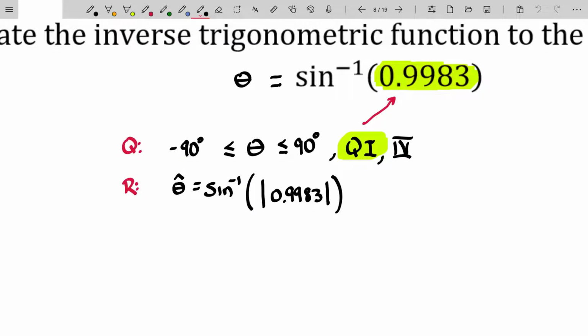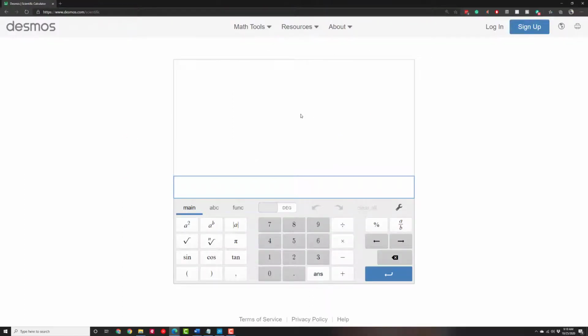So going back to this example, we now need to compute this. We're going to go over to Desmos, and because we want our answer in degrees, I'm going to make sure that we're in degree mode. Okay, so here we are in Desmos, and you could just type in the arc sine of 0.9983. And you can see right there, 86, and we're asked to round to the nearest tenth of a degree, so 86.7 degrees.